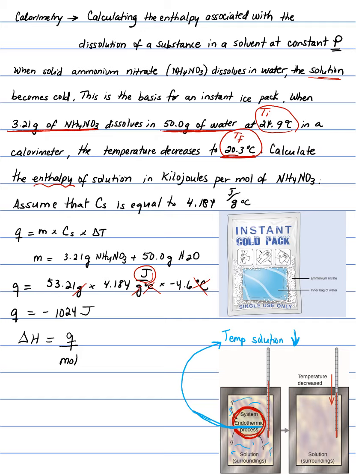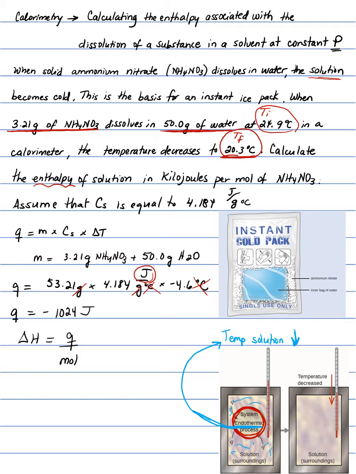You're given 3.21 grams of ammonium nitrate, and to convert grams to moles, you have to divide by the molar mass. The molar mass of ammonium nitrate is not given, but we can calculate it: nitrogen is 14, each hydrogen is 1, and then you have 3 oxygens, each one is 16. That should give you about 80 grams per mole of ammonium nitrate.